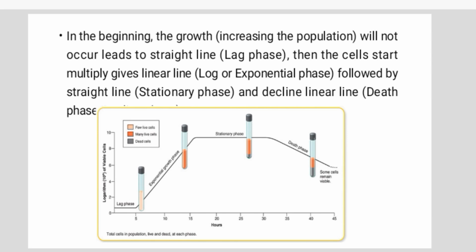So initially there is no increase in the first phase, the lag phase, which is a straight line. Then the cells start to multiply with the help of nutrients, giving a linear line, the log phase or exponential phase, followed by the stationary phase and the declining line of the death phase.